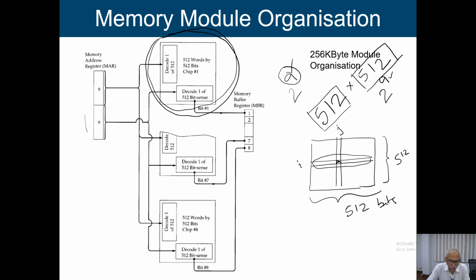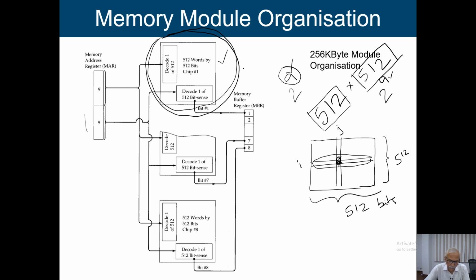The first 9 bits select one particular row, and with the help of the other 9 bits we select a particular bit. That bit position comes out through the bit line from this memory chip.